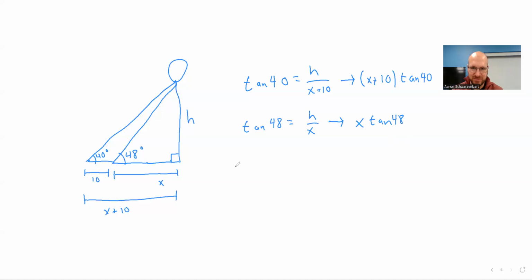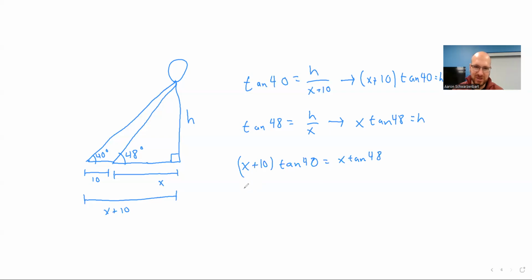And so I'm going to set both of these equal to h now. And I'm going to solve for x first, which is going to be a little bit inefficient, but then I'll use that to solve for h. So x plus 10 tangent 40 equals x tangent 48.